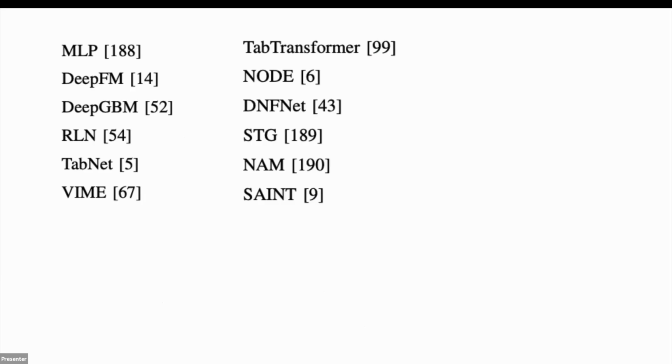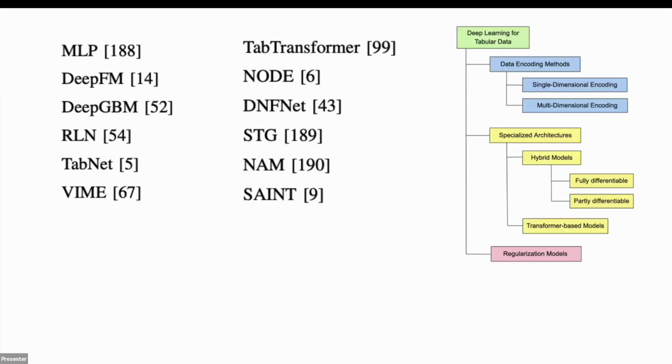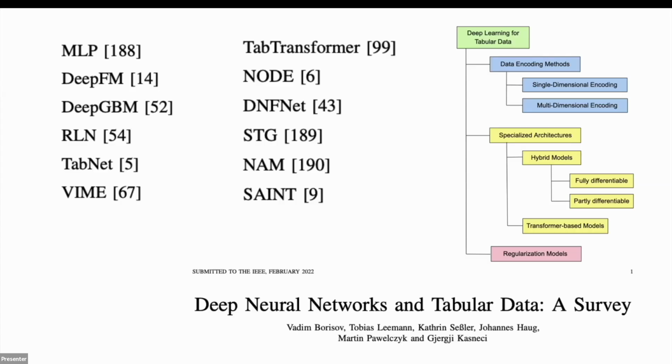So the question is whether deep learning, or the transformer architecture, can be tweaked in a way that makes it very good on tabular data and beat gradient boosting machines. And lots of algorithms have been developed with this in mind.